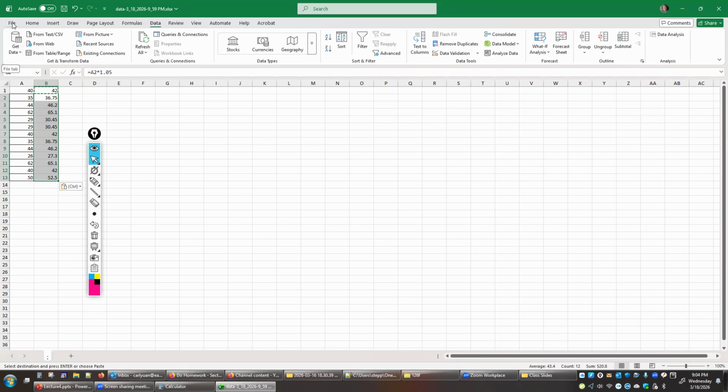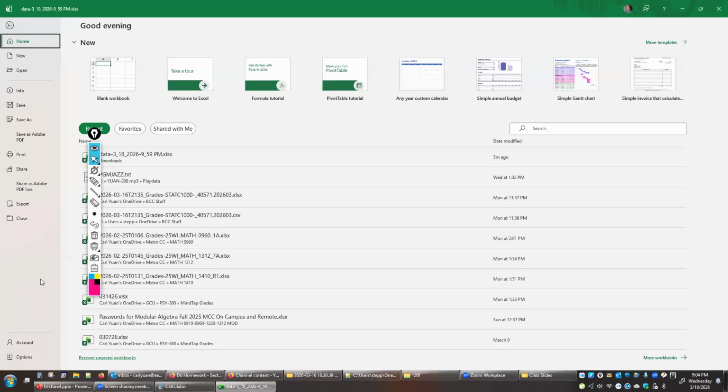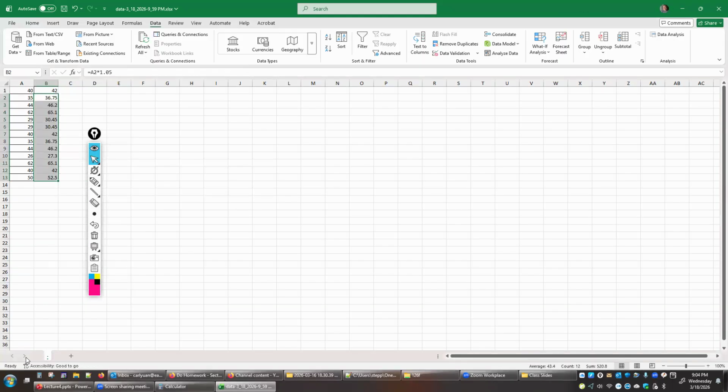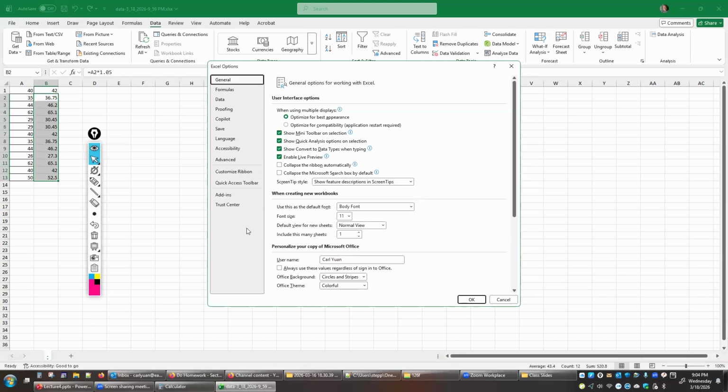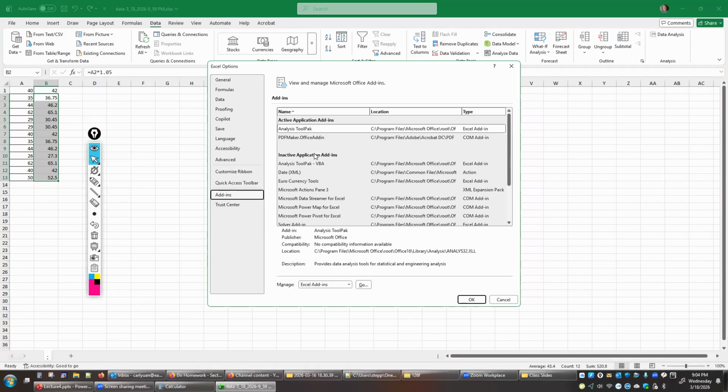All right. And if you haven't done it, basically what you do is you go to File, and you go to the bottom, Options. And you go to Add-ins. And then under inactive, you would see the Analysis ToolPak, which I just activated.